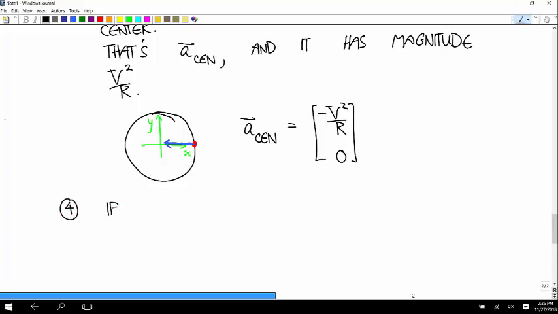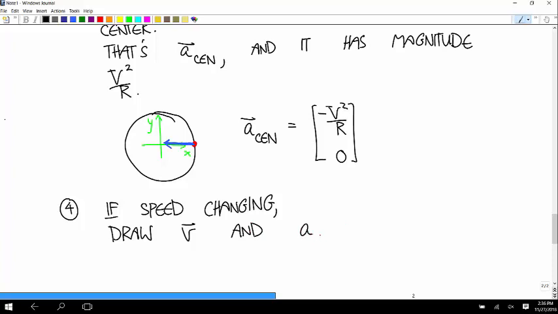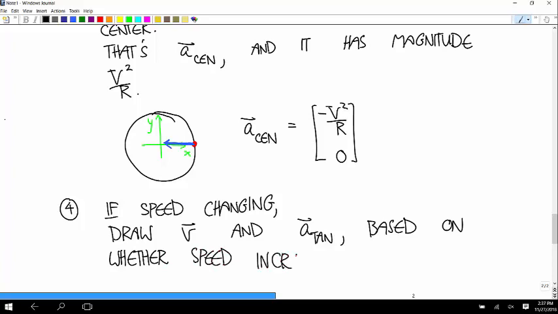Step 4, if the speed is changing, draw the velocity vector and the tangential acceleration vector, based on whether the speed is increasing or decreasing.